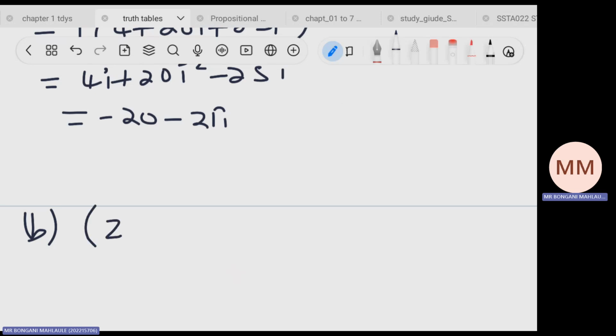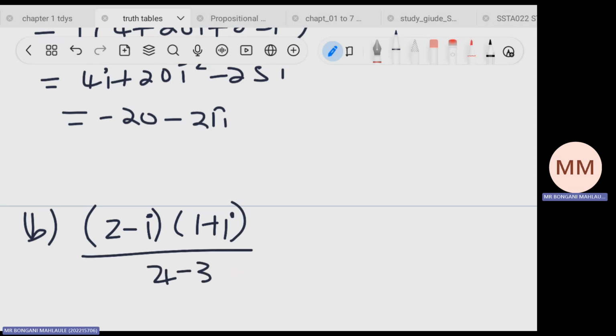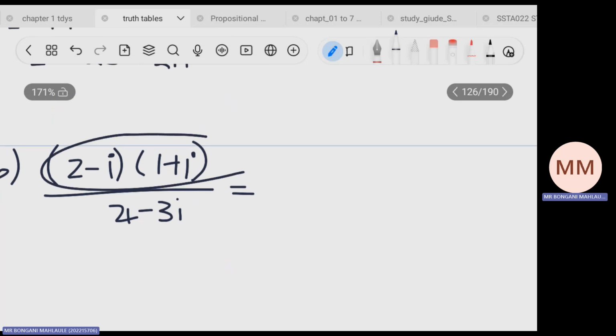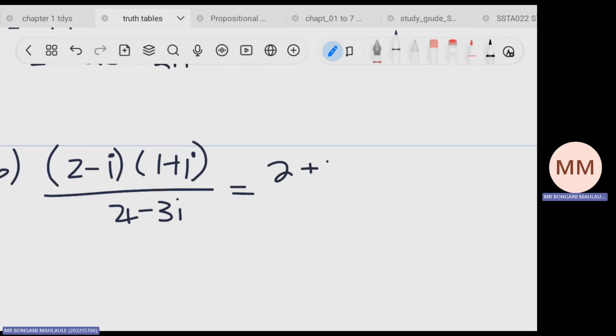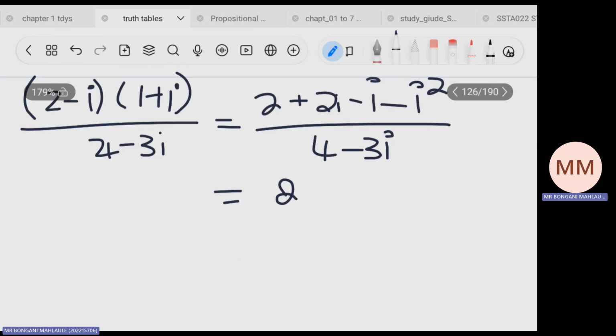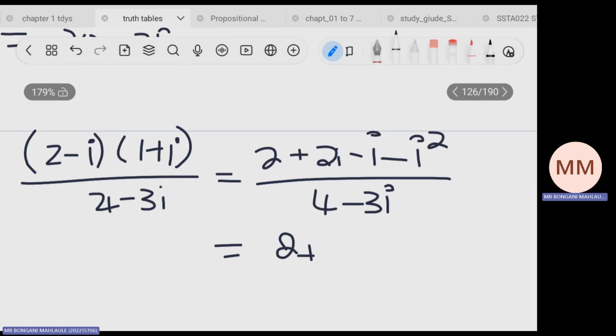suppose they say simplify this complex number here, 4 minus 3i. So obviously here you'll have to first simplify this part, the numerator. Then you'll have 2 plus 2i minus i minus i squared all over 4 minus 3i. Remember, this is the same as minus negative 1.